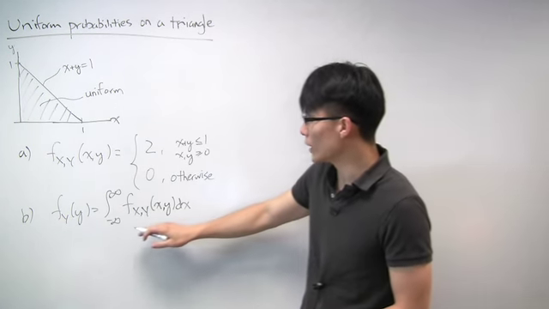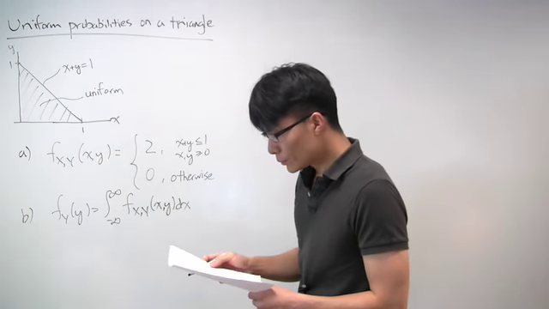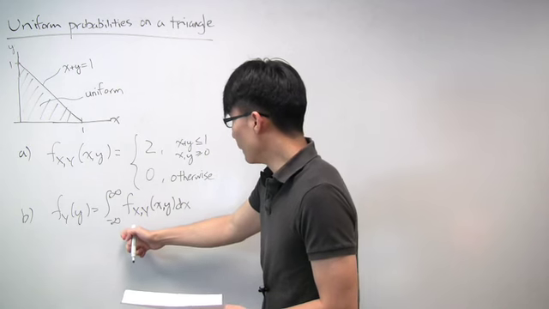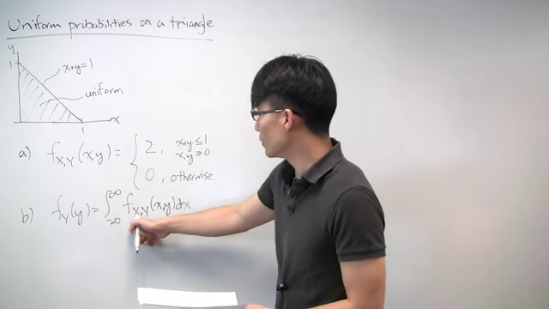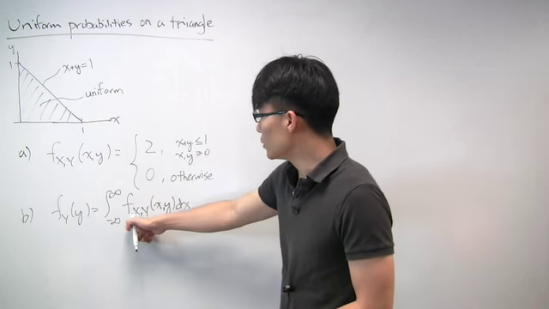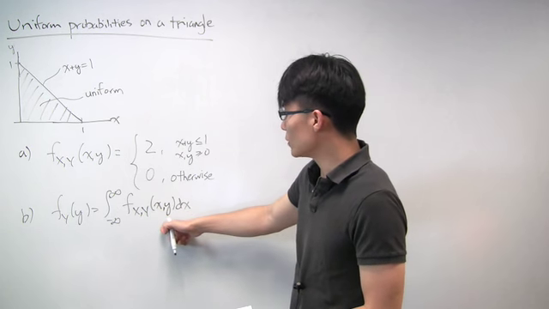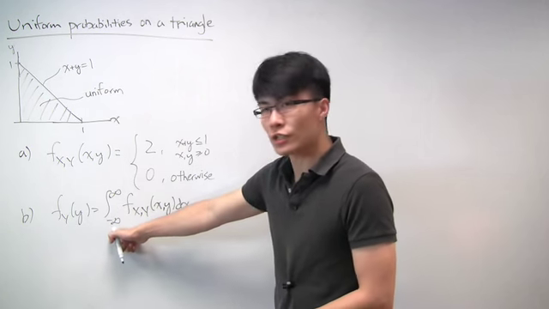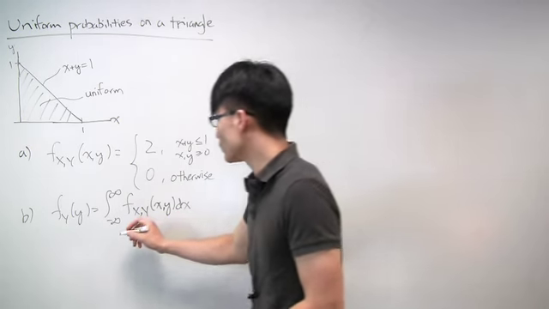We take x and we get rid of it by integrating from negative infinity to infinity. Now, of course, this joint PDF is 0 in a lot of places, and so only for a certain range of x's will this integral actually be non-zero.